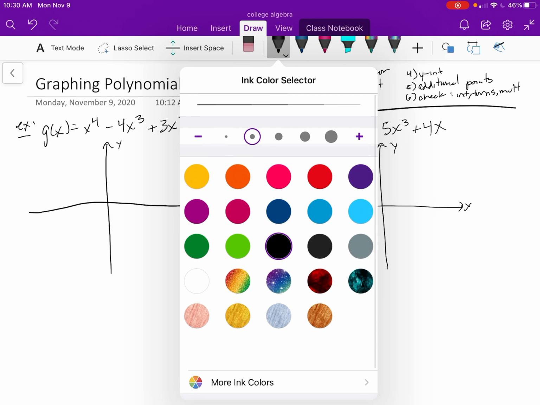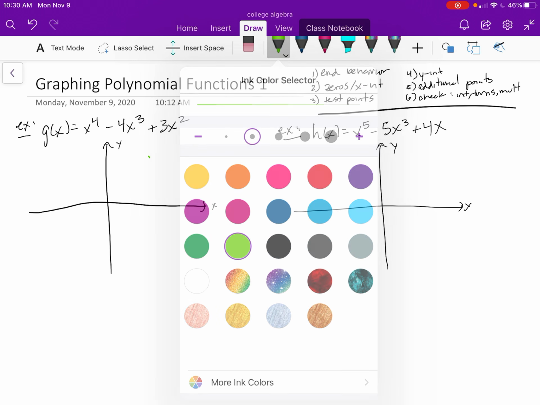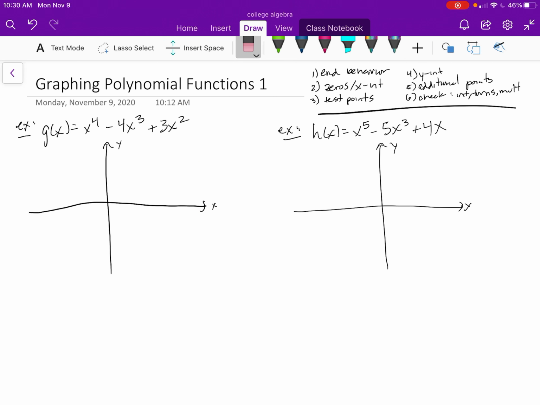And let me get one more color in here, kind of a lighter one. There we go. All right, the end behavior, what we're referring to is looking at that leading term, right? So we have an x to the fourth. Make sure it's in descending order. If not, look at the degree of the polynomial, and that's how you're going to determine end behavior.